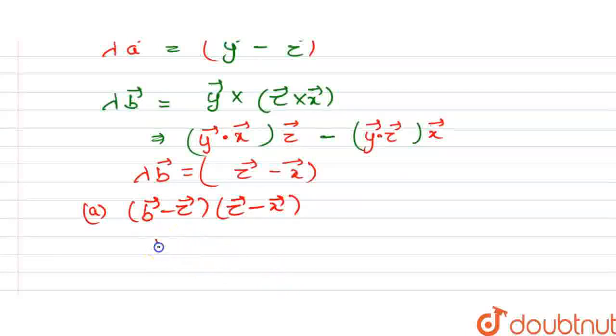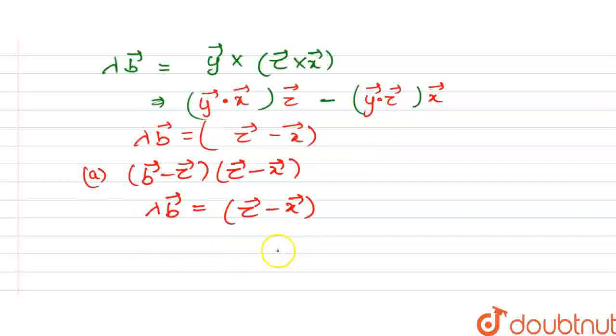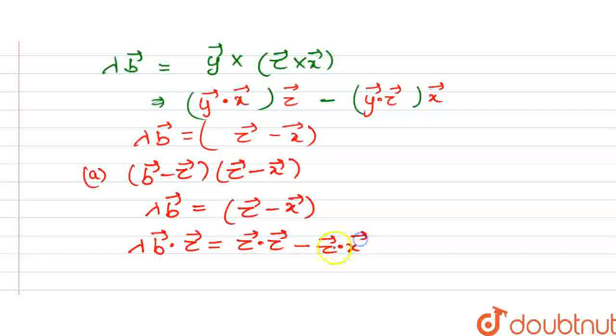So here we have found lambda b is equal to z vector minus x vector. So multiply this by z vector, we get lambda b dot z vector is equal to z vector dot z vector minus z vector dot x vector.